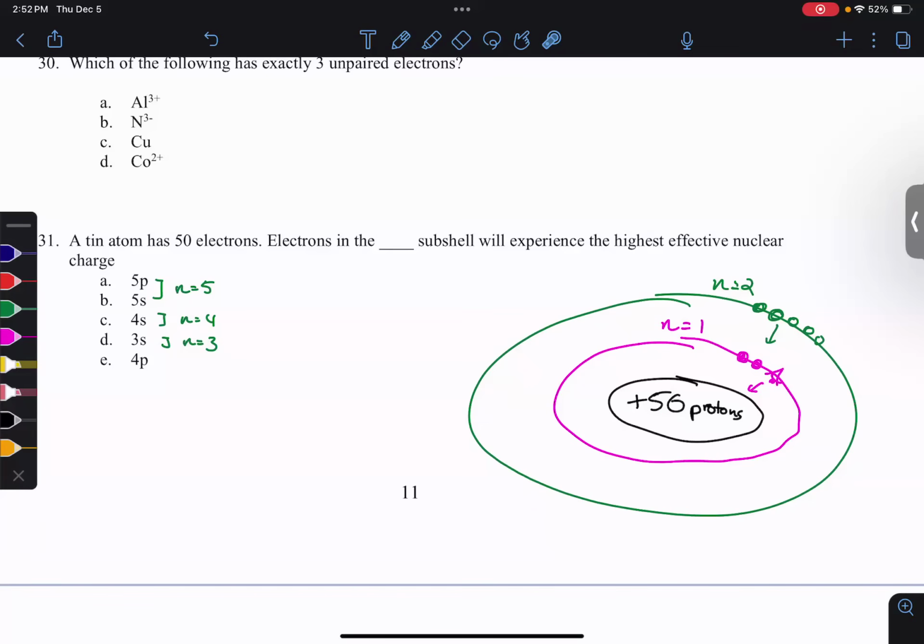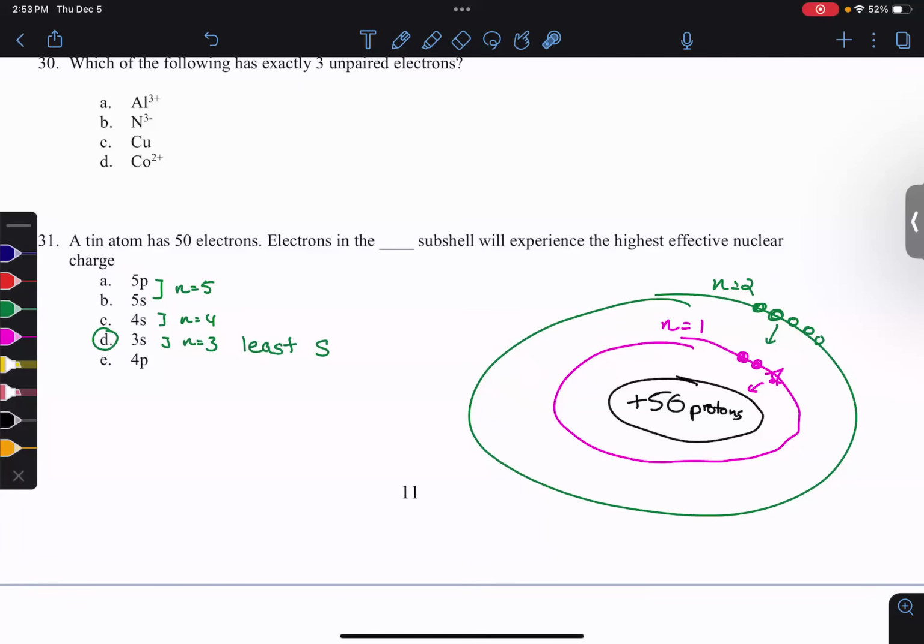Electrons towards the outside experience the lowest. So what would be our answer here? Which electron experienced the highest effective nuclear charge? 3s. Why? Because it's sitting the closest. These electrons have the least amount of shielding, because they only have 2 rows of electrons in front of them shielding them. But the n equals 5 electrons have 4 rows of electrons shielding them.